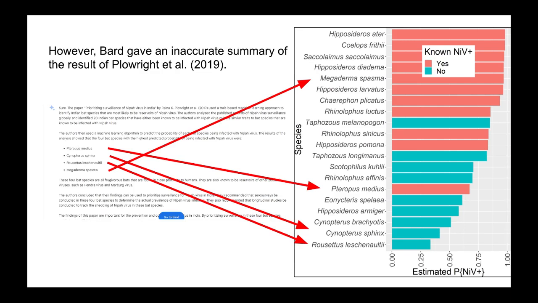This figure is from my paper. Comparing the summary and my paper, in these figures, at the top, those species have a high probability of carrying Nipah virus, and at the bottom, those are species with low probability. You can see the four species in the AI summary are not the top four species I found in my study. So in other words, the bot gave me a totally wrong summary of the results of my paper.